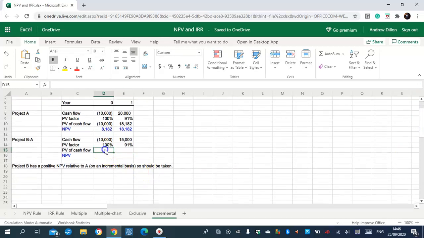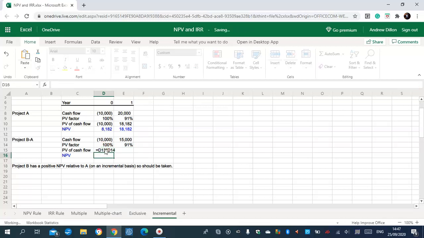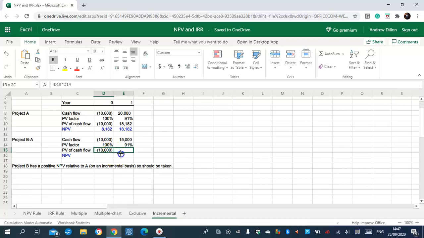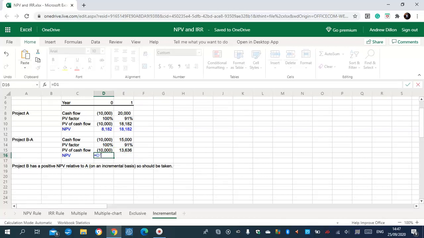The present value of cash flow. Last but not least, the net present value of the incremental sheet. Good.